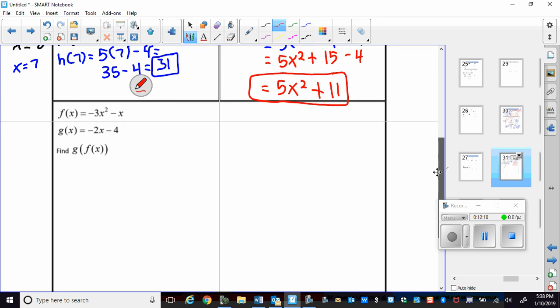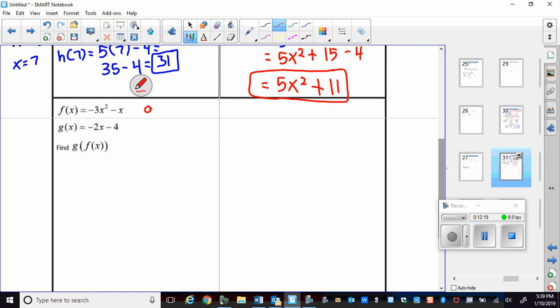Next they're asking you to compose g of f of x. We have g of x, and we're going to write what g of x equals. They're asking you to insert this equation into g of x. The equation they're asking you to insert is this one.